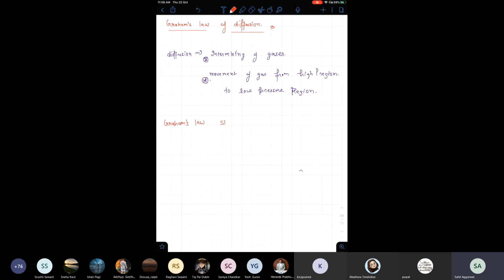Graham's law states that rate of diffusion of any gas is inversely proportional to the square root of masses.